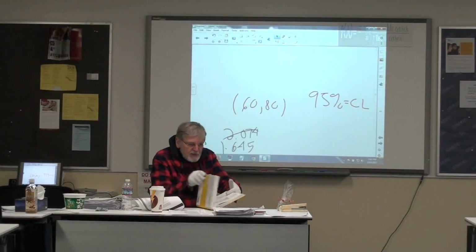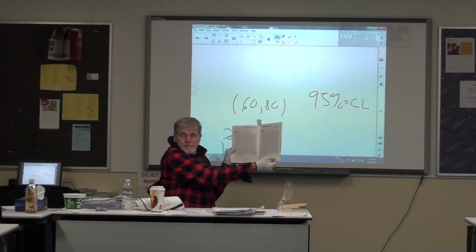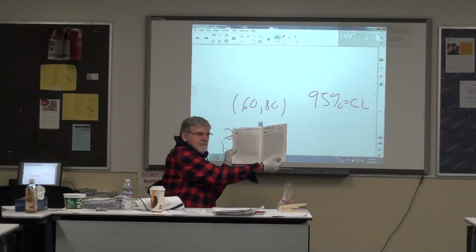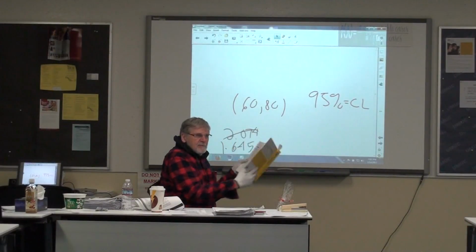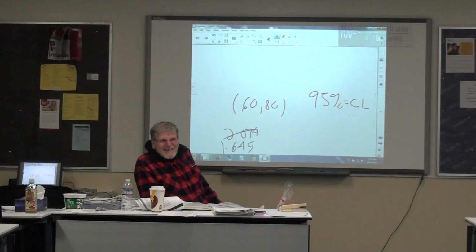You notice on the Z table, they've got these little numbers in the lower right. That's the ones we're using. Shortcuts. That was worth the whole class, right? Say thank you, Tom.